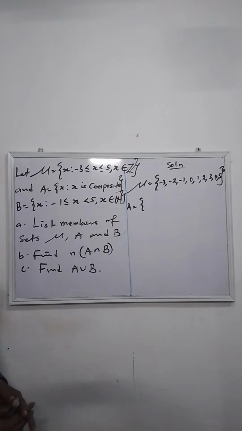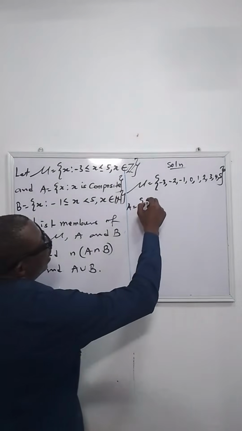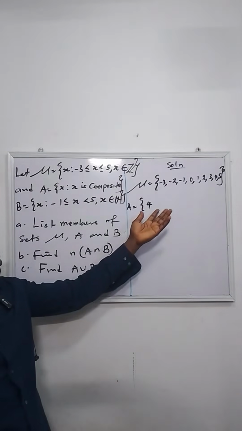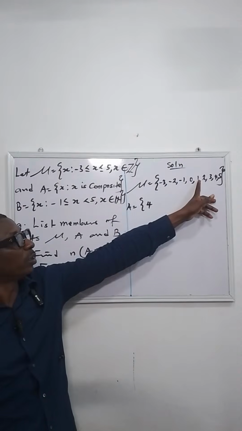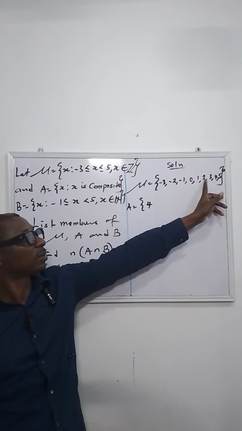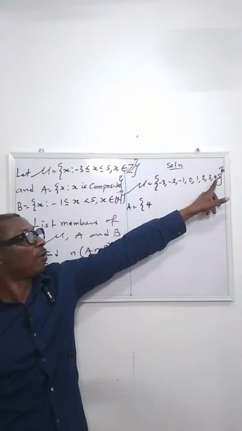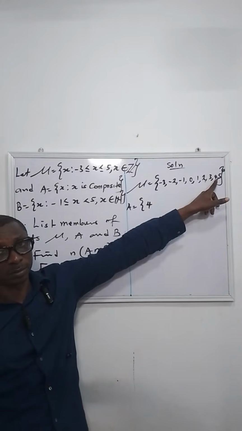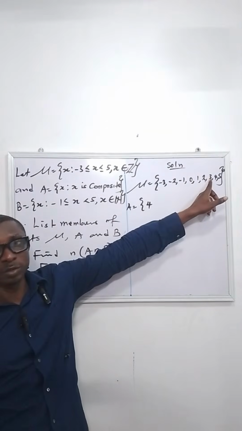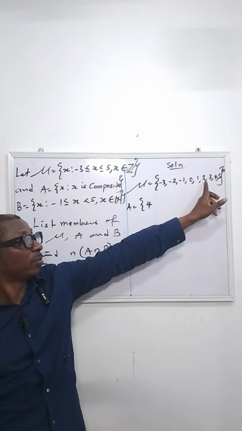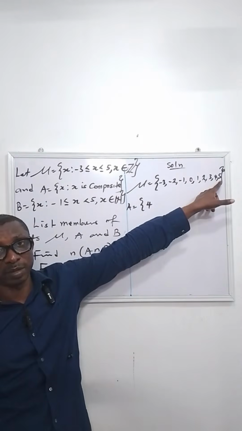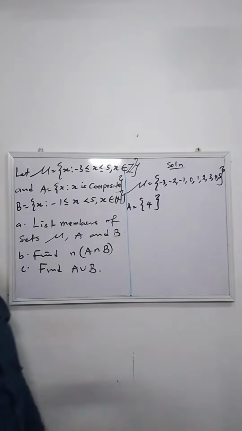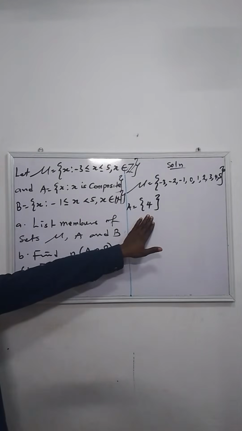So it's only 4 that we have here that has more than 2 distinct divisors. The others have only 2 distinct divisors, the same also applies to 2, and the same thing also applies to 5. So what we have there is just 4. It's a singleton set, a single-element set.